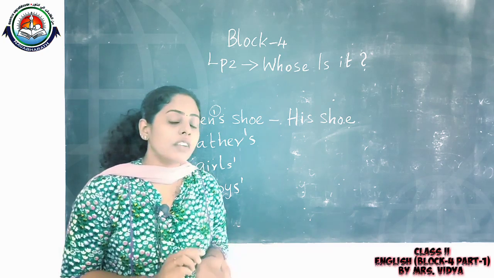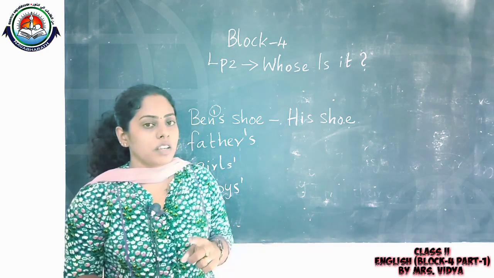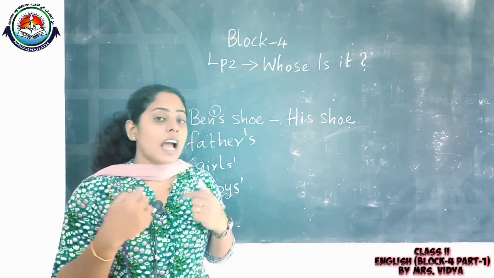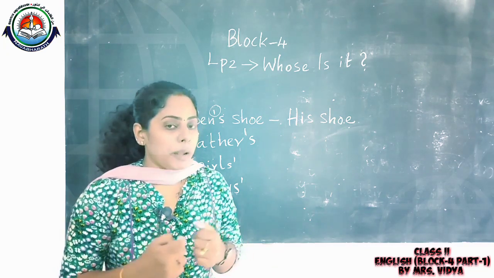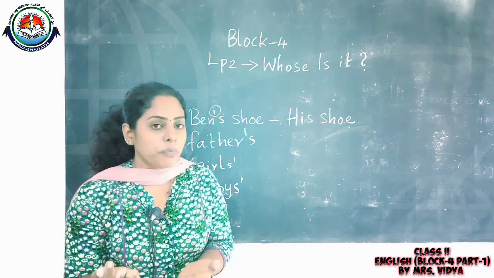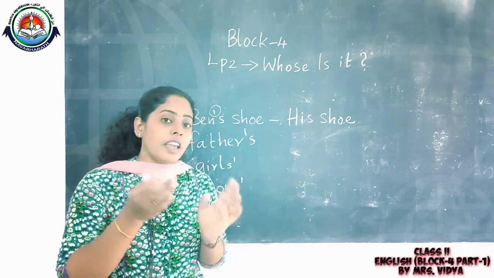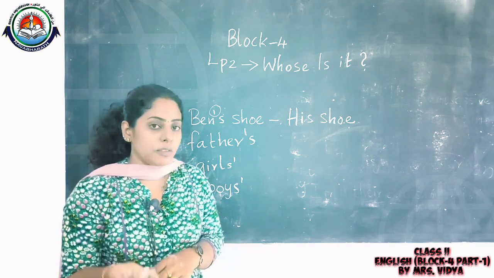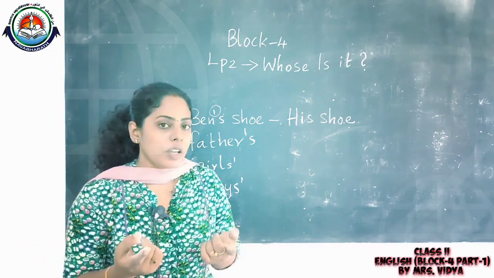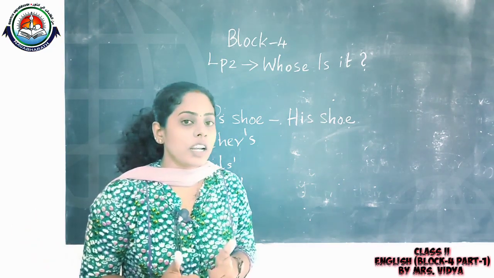If it is a girl, we will use her. If it is a boy, we will use his. If it is I, we will use my. If it is you, we will use your. If it is they, we will use their. If it is we, our. So is it clear for you, my dear children?